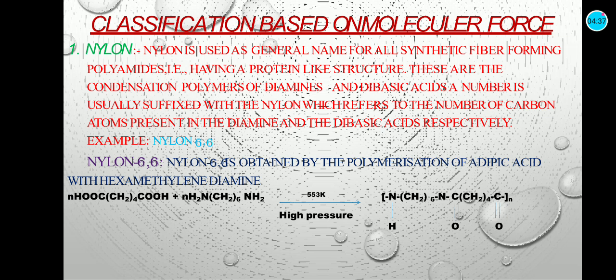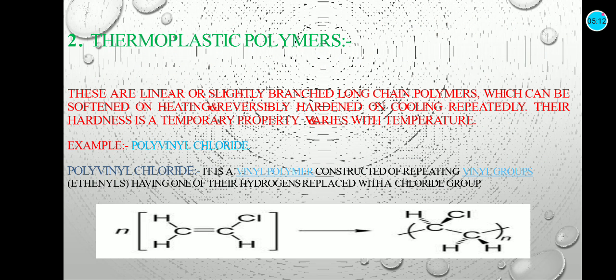A number is usually suffixed to the nylon, which refers to the number of carbon atoms present in the diamine and the dibasic acid respectively. For example, nylon 6,6. Nylon 6,6 is obtained by the polymerization of adipic acid with hexamethylene diamine.